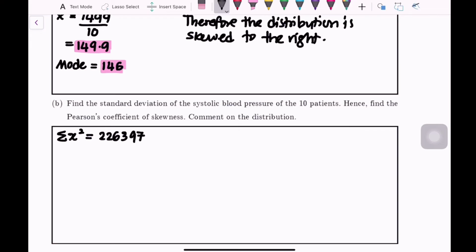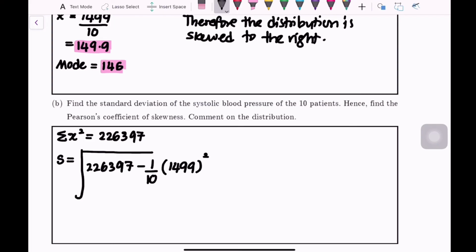Standard deviation S is equal to the square root of 226,397 minus 1 over n, which is 10, times the sum of x squared, 1499 squared, over n minus 1, which is 9.